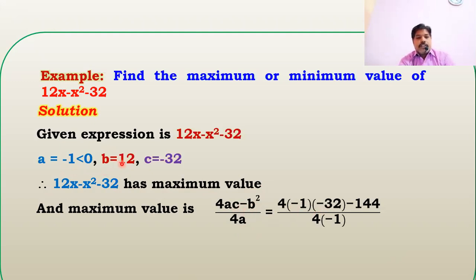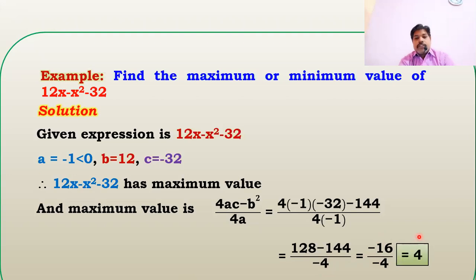The b value is 12, 12 square is 144, by 4 into minus 1. Just simplify that: 128 minus 144 by minus 4. So that is equal to minus 16 by minus 4. So it will give you the value 4.